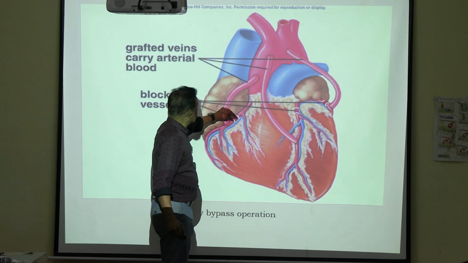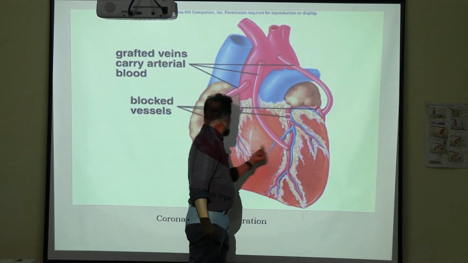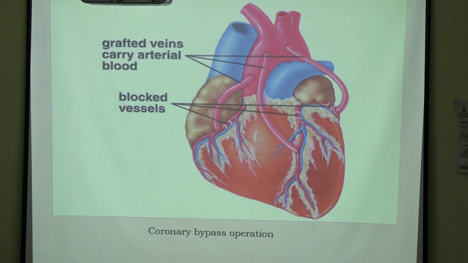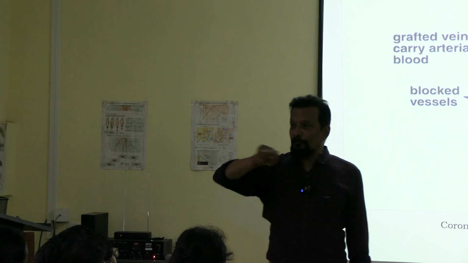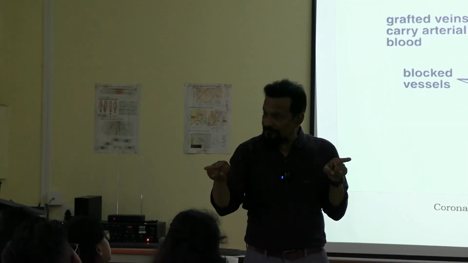The blockage may be here, here, here, or on the side. What treatments are available for such problems? First, angioplasty has to be done. Through angioplasty, we can diagnose where the problem is.